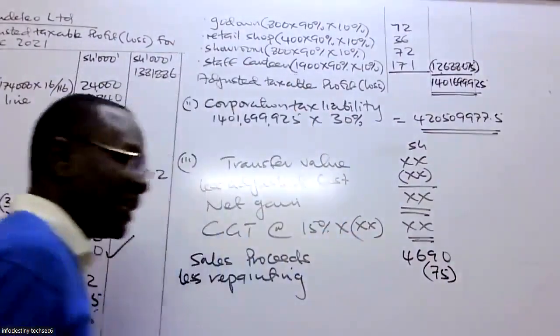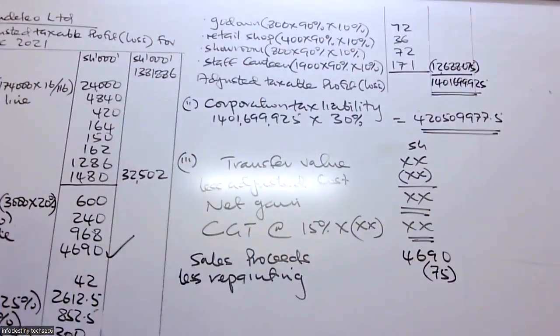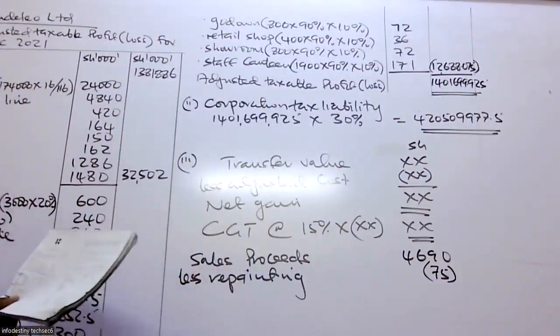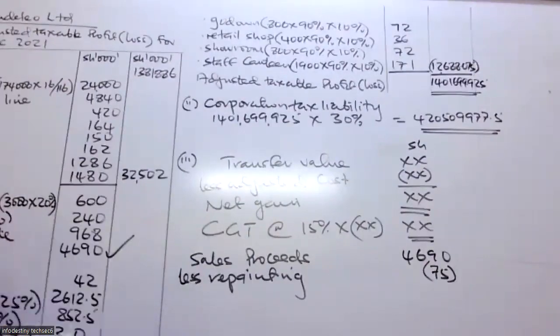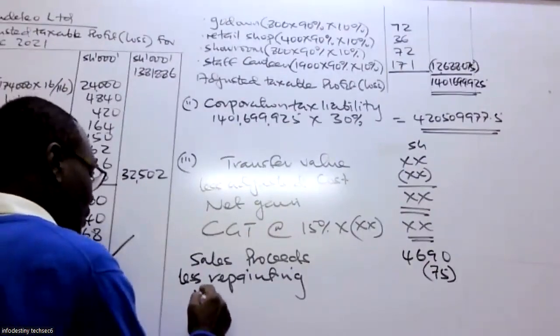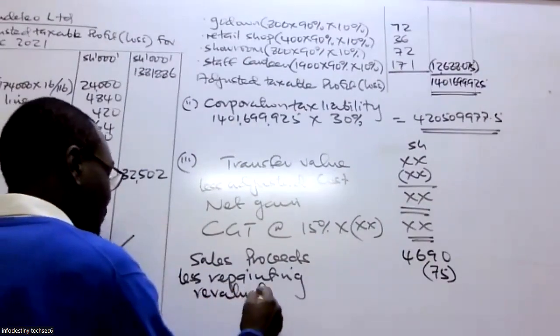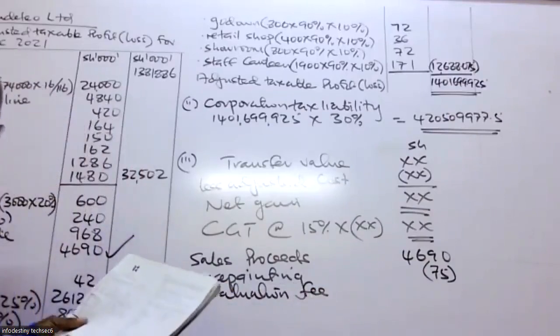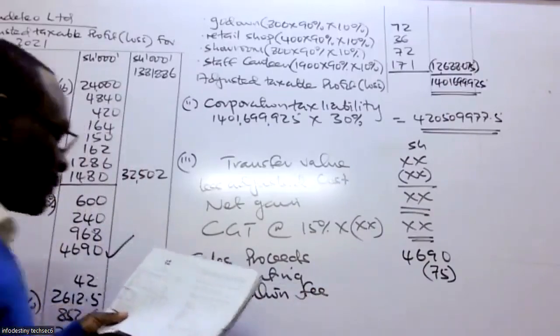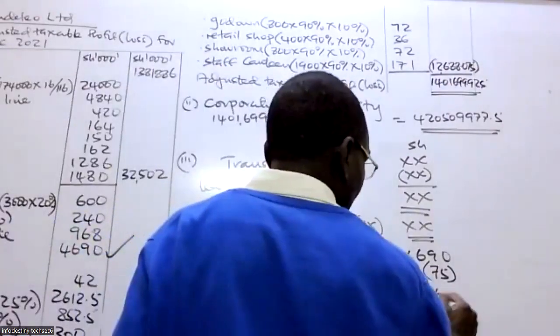So these are what we call incidental costs of disposing of the property. Then they also had to revalue. The evaluation fee of property is 146.8.